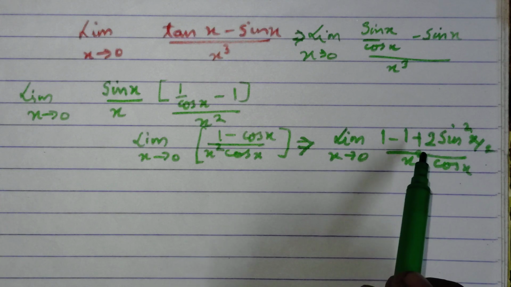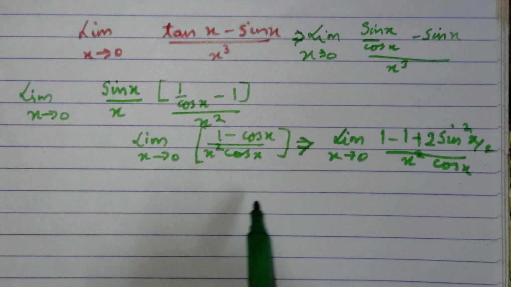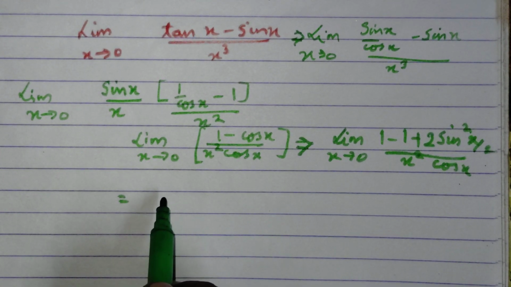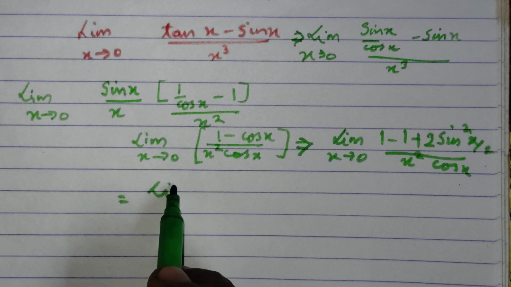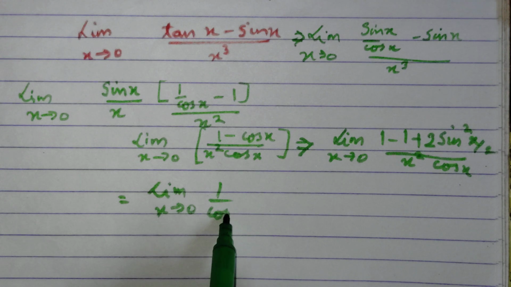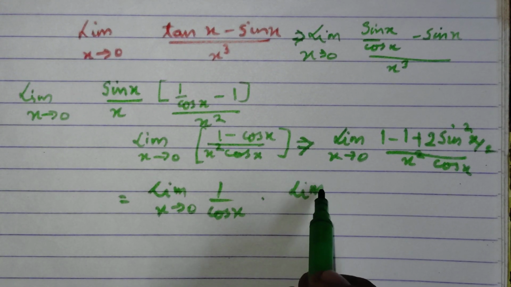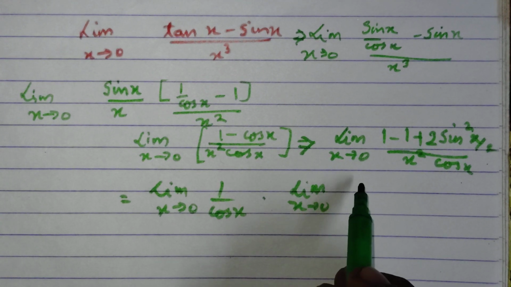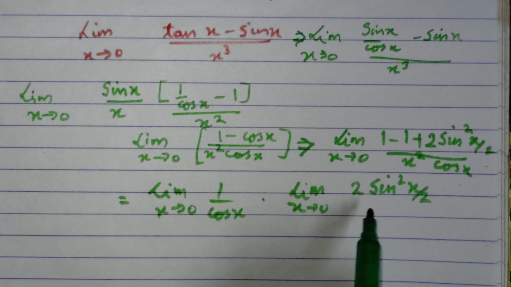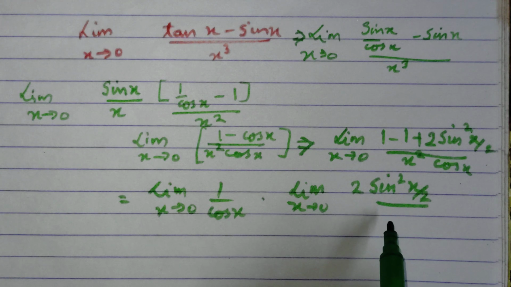Now 1 cancels out, 2 sin square x by 2 upon x square is there, so this is further simplified. Since cos x, when x tends to 0, its value is 1, limit x tends to 0 of 1 upon cos x, its value is 1, and limit x tends to 0 of 2 sin square x by 2 upon x square.